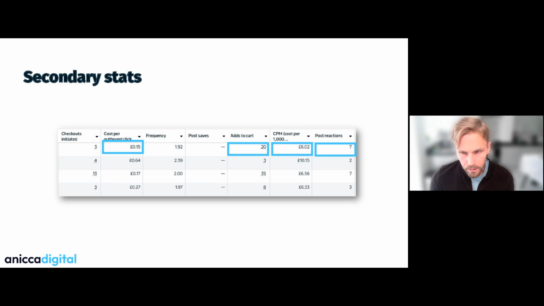The CPM, so cost per 1,000 impressions, is pretty low. And you can see the reactions. Reactions means likes and that sort of stuff, and it's as high as the top performer. So already it's giving some indication that the top ad set isn't actually performing at the lowest level.